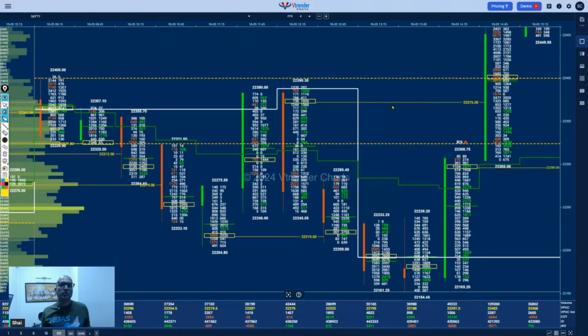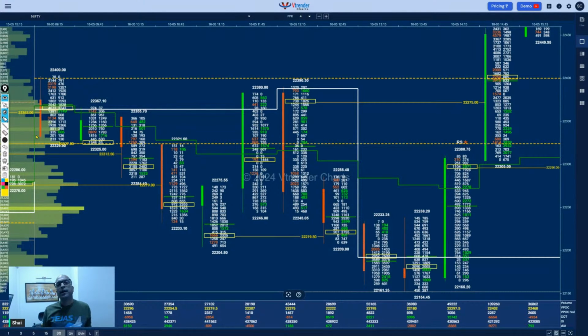Now, why do I stress on this point? It's for a very simple reason: because there is no retail trading in the Nifty futures anymore, an order flow chart of the futures will tell you what institutions are doing at any point in time, and institutions are drivers of the market, right?